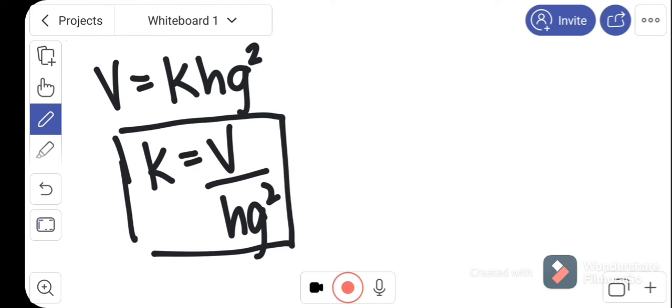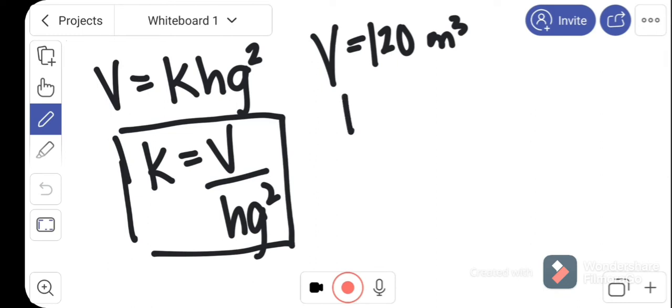Let's identify the values for each variable. We have v is equal to 120 cubic meters. Next, the height is equal to 10 meters and the girth is 2 meters.